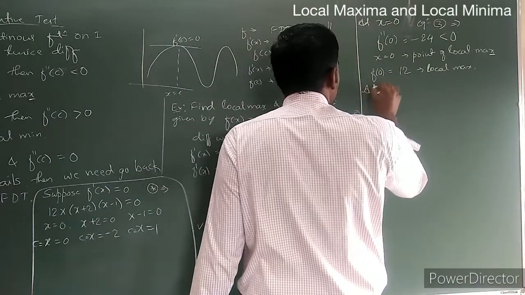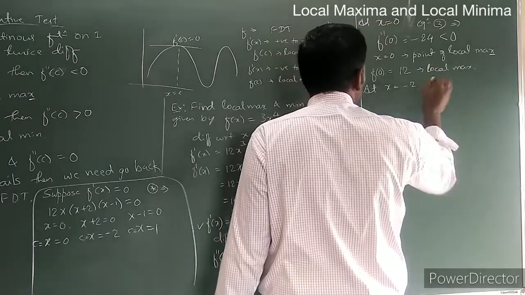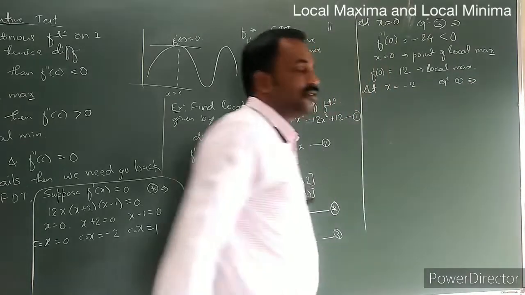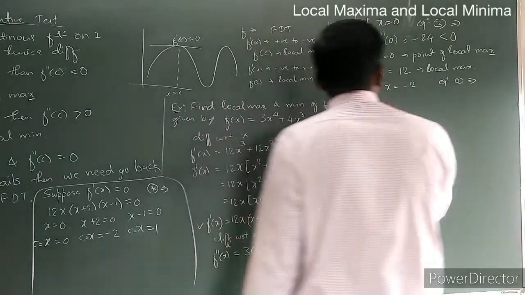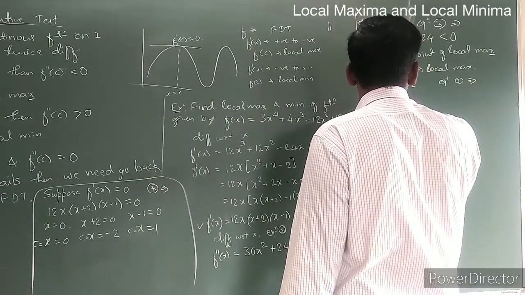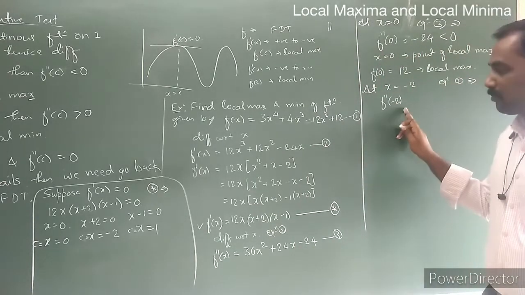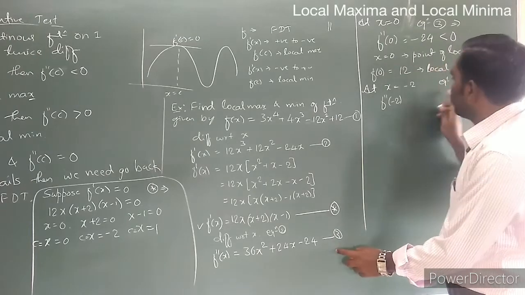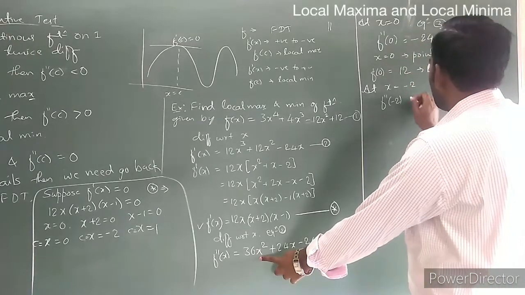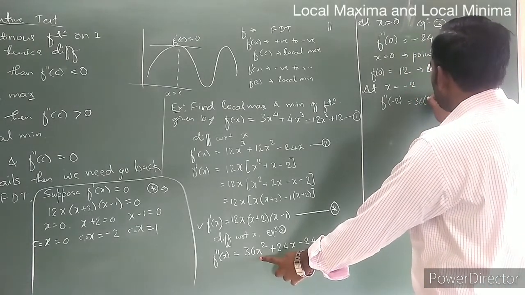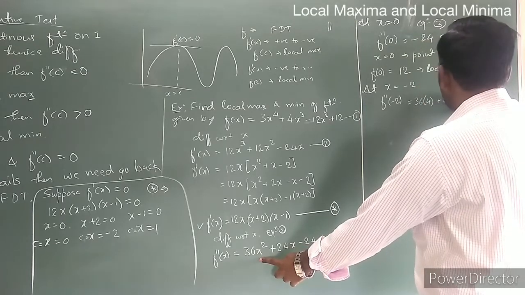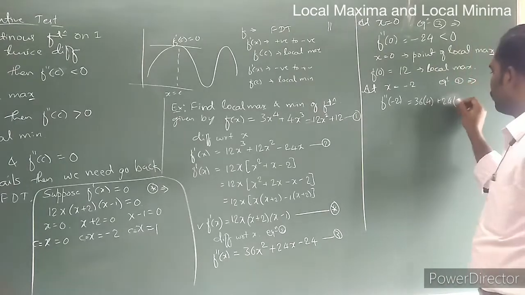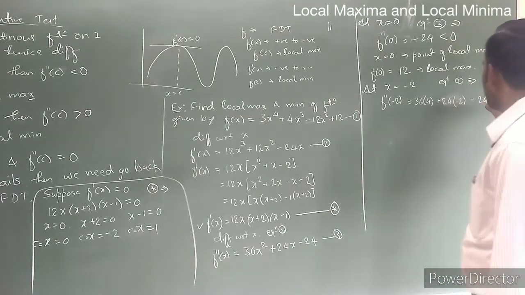Now, at x equal to minus 2, what does equation number 3 imply? f double dash of minus 2: minus 2 square is 4, so 36 into 4 plus 24 into minus 2 minus 24.